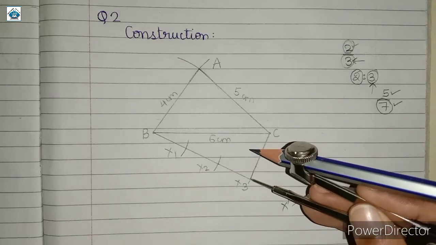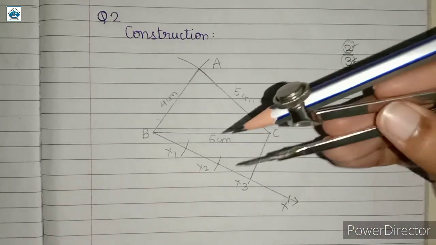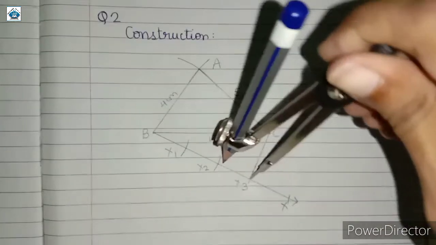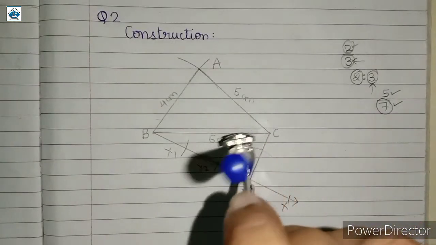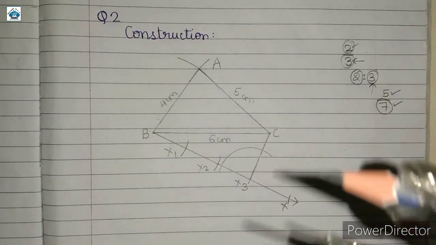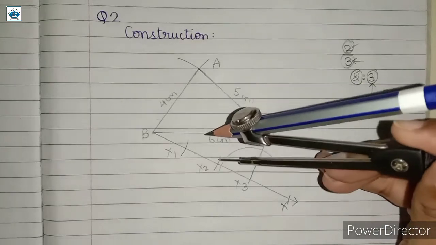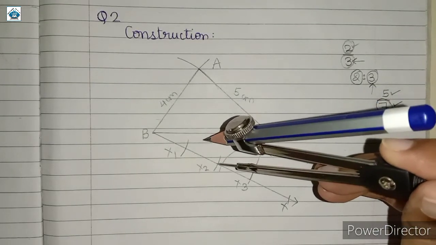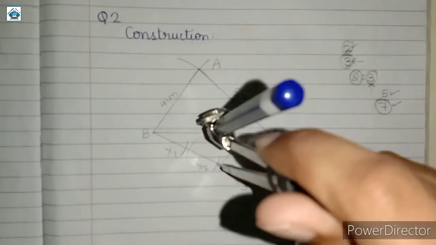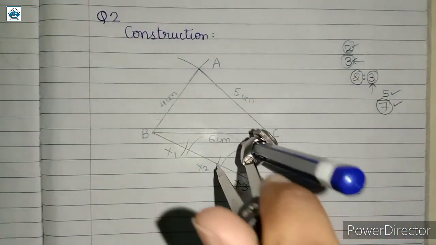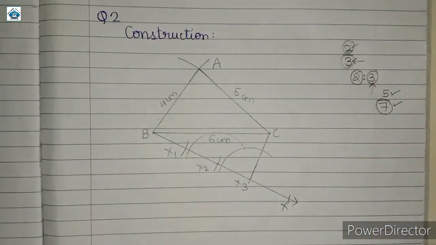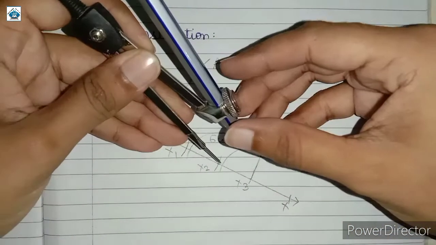Here keep the pointer at point x3 and with any distance of your choice you need to draw an arc like this. After that, without changing the radius of the compass, keep the pointer at x2 and draw another arc like so. The next step is you need to measure this distance.